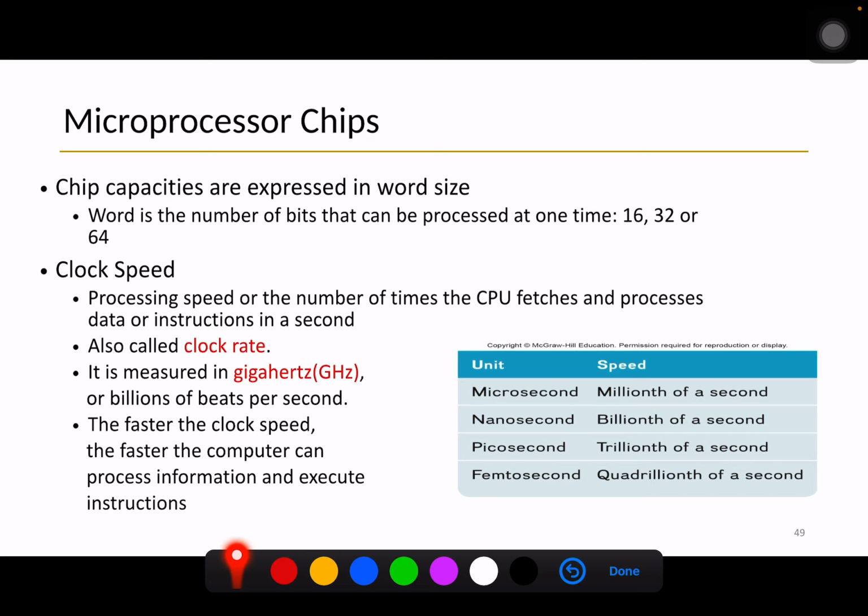So in 1 gigahertz, one instruction can be done in only 1 nanosecond. Imagine 1 nanosecond is equal to 0.0000000 something of 1 second. So it is very fast.